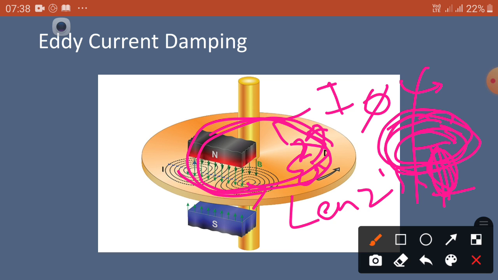Some discs move very fast, some move slowly. For the same load, suppose I use one fan, one tube light, one bulb, my disc moves at 100 RPM, and for the same load another energy meter moves at 120 RPM. That means 20 RPM is increased for the same load.